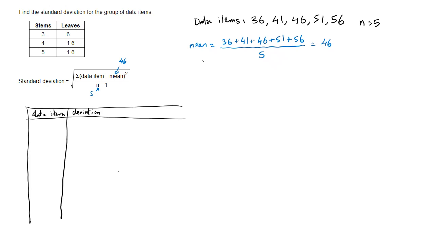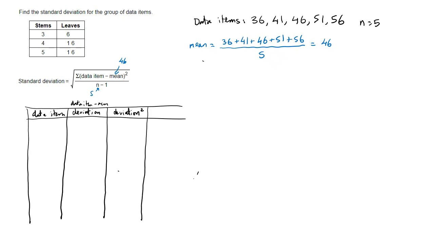Again, that's data item minus the mean. And then we need to square the deviation. So each data item minus the mean squared. So the third column would be the deviation squared. So we're going to take each of those numbers and square it.